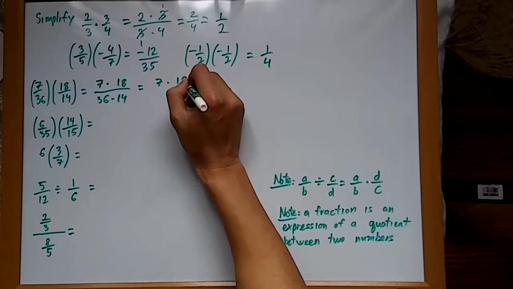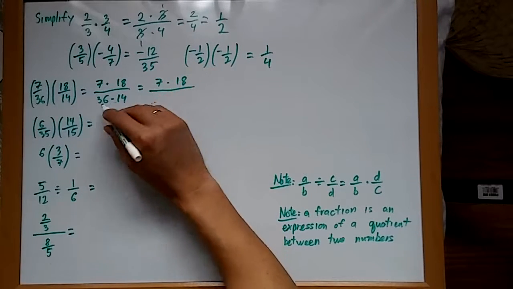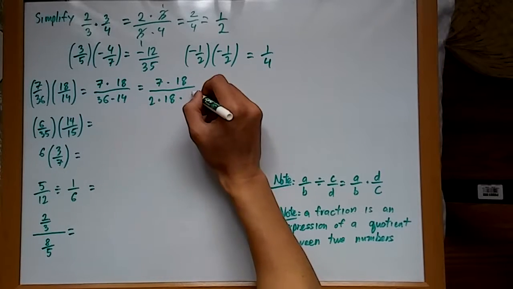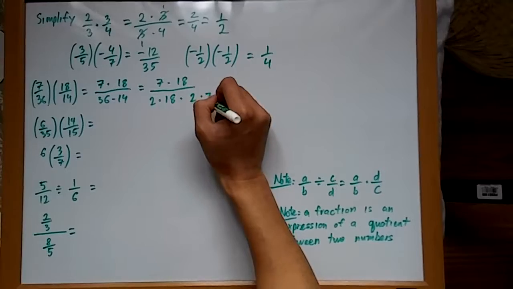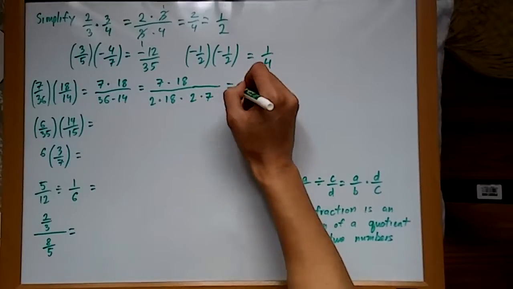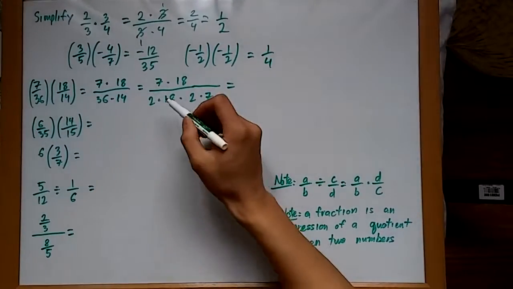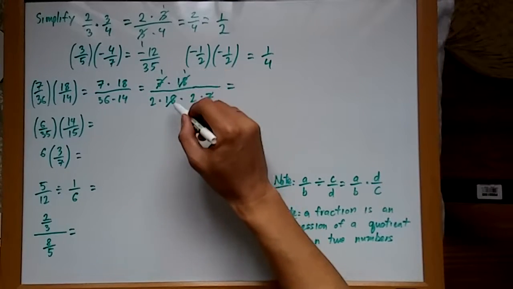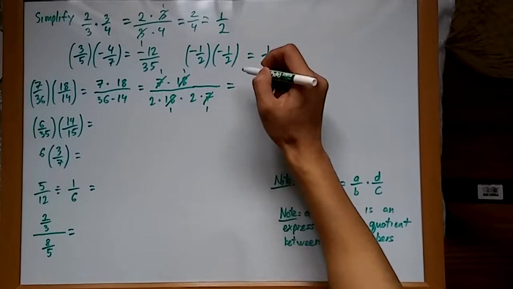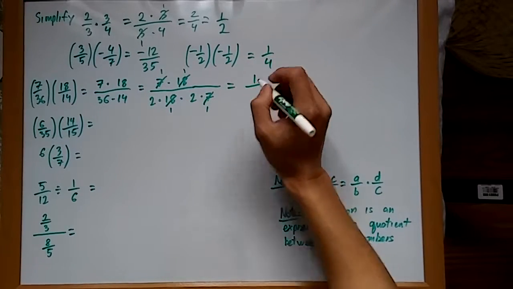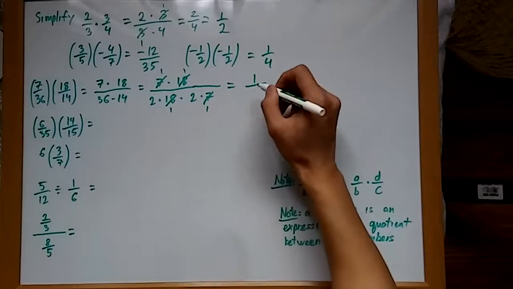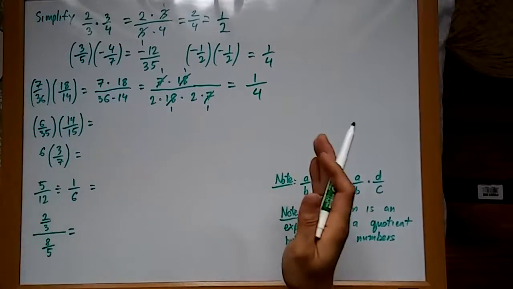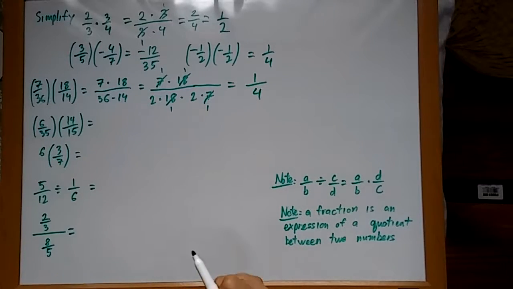Let's break down the denominator some more. So 36 is 2 times 18, and 14 is 2 times 7. So here you can see you can cancel the 18 and the 7, and replace them all by 1. And up here you simply have 1. And down here you just have 2 times 2, and it's 1/4. As you can see, it's very fast, very simple.